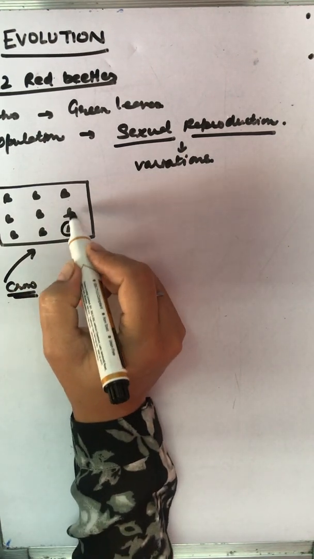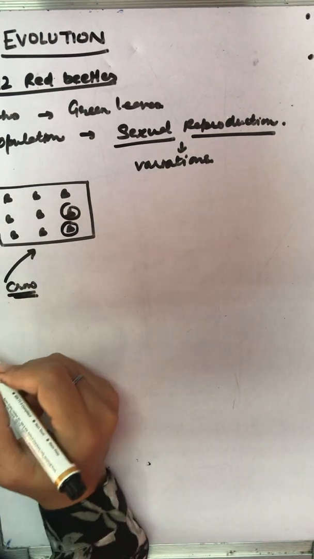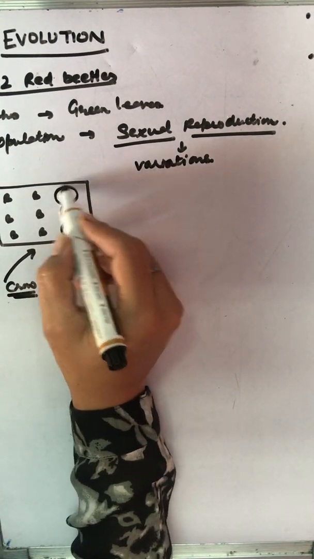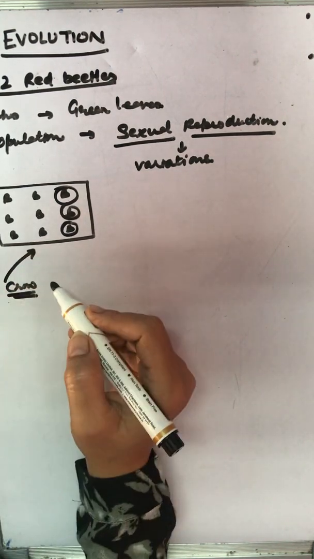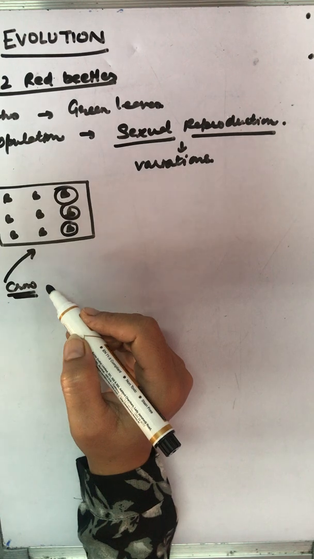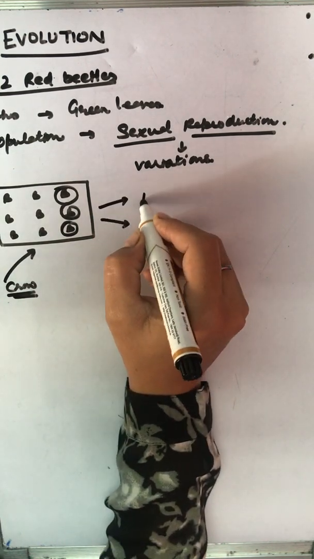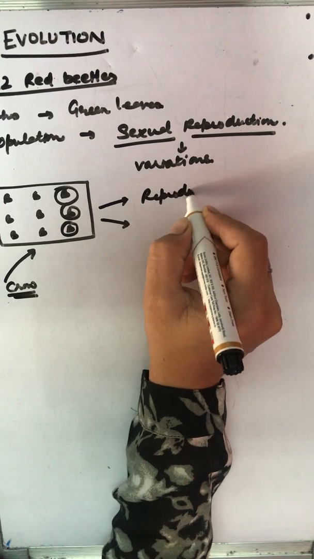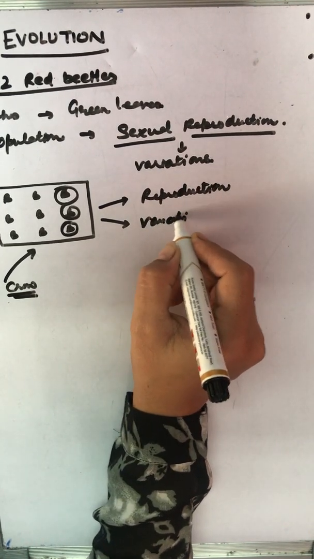The more beetles are eaten up by the crow, the fewer are left for reproduction, right? If more got consumed every time, fewer are left for reproduction. Now, what will happen? Obviously, when this population is undergoing reproduction, it will introduce variations.